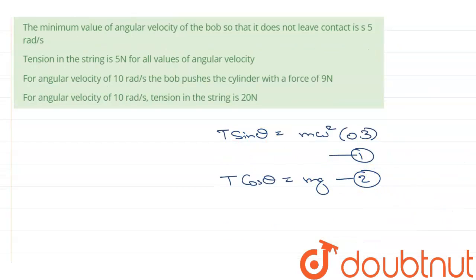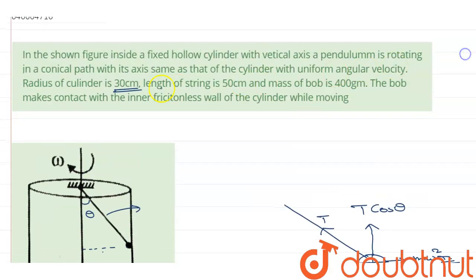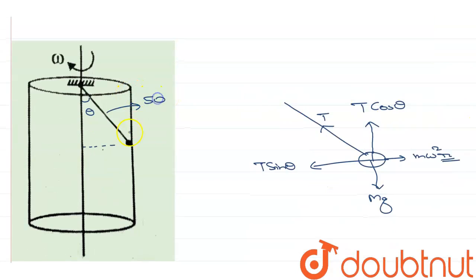Now if I take the ratio of equation 1 and 2, tan theta should be equal to omega square times 0.3 upon g. Now what will be the value of tan theta? The length of the string is given to us, which is 50 centimeters, and this radius is 30 centimeters.